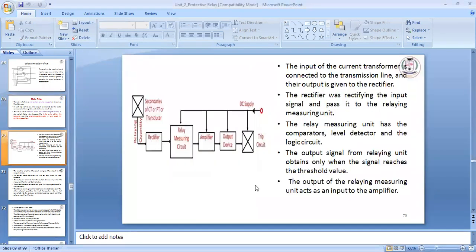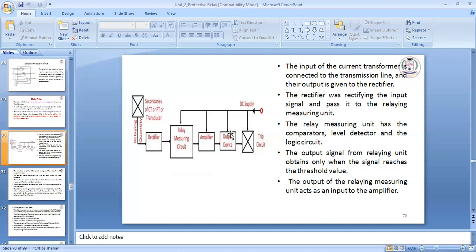You can see here, the current you get from the CT and PT is given to the rectifier, and here we will be using the electronic device. That electronic device works accordingly and its output is given to the trip circuit. This trip circuit is separate. For this electronic circuit to work, a DC supply is required.